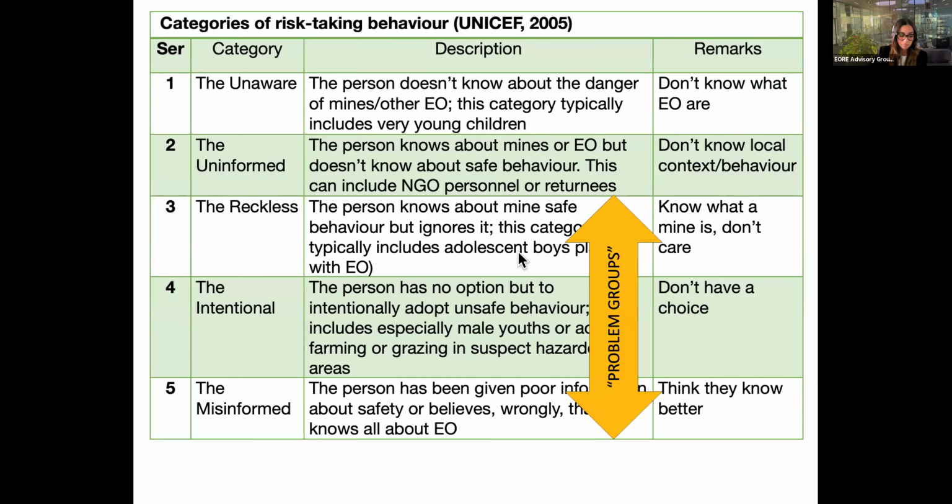Intentional is somebody who has no option, they think, but to adopt unsafe behavior, particularly farmers. They don't have a choice. So for these people, the problem is not knowledge. The problem is what they do with that knowledge, or don't do. And I think these old UNICEF categories are really important in understanding what we learn from this data.